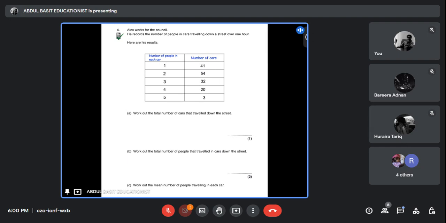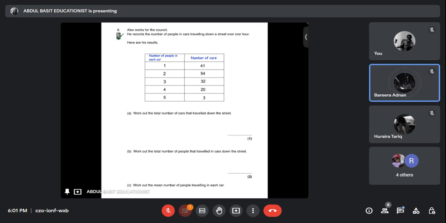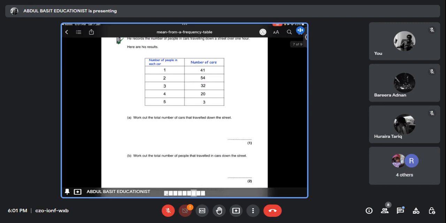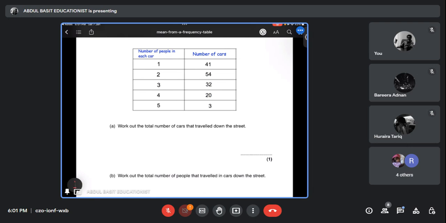Can you please do it using the calculator, because the calculator is allowed in this question, and tell me what the answer is. 150. 150 is the total number of cars that pass by this street. So add all. That was 150.